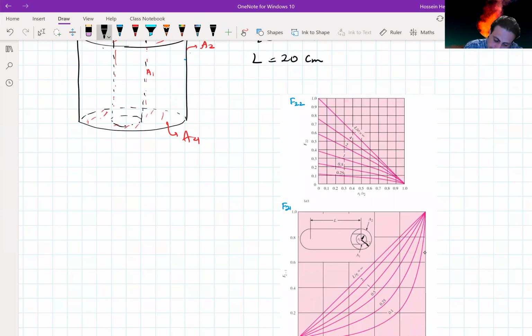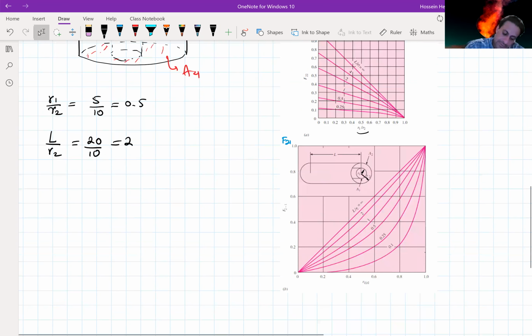What we need to read is the ratio of R1 over R2, which is 5 divided by 10, or 0.5. The other one is these curves, L over R2, which is 20 divided by 10. It's going to be 2.